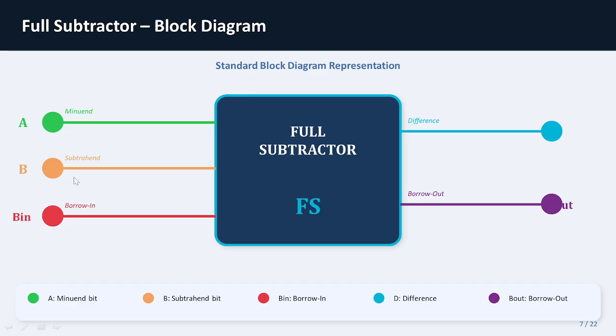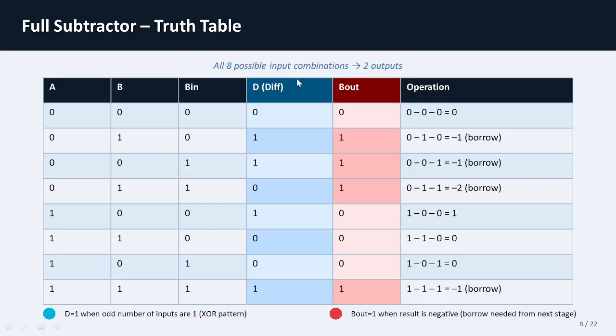You give these three inputs, like borrow in for the first stage, and the borrow out from the previous stage is assigned to the next full subtractor. Like this, the process continues for that particular number of bits. If you have 4 bits, then you should have four full subtractors, right? Like that you are going to understand the concept.